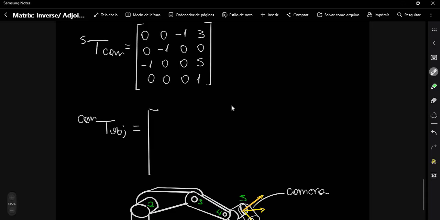Okay, now writing the entries of this matrix. 0, 1, 0, 0.